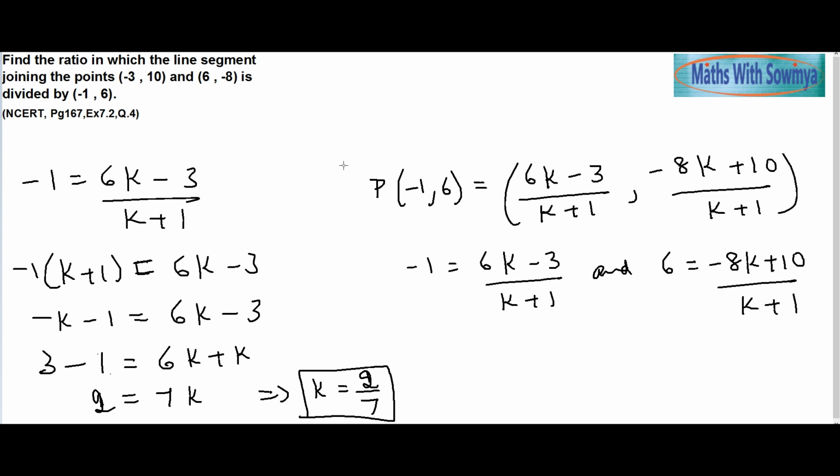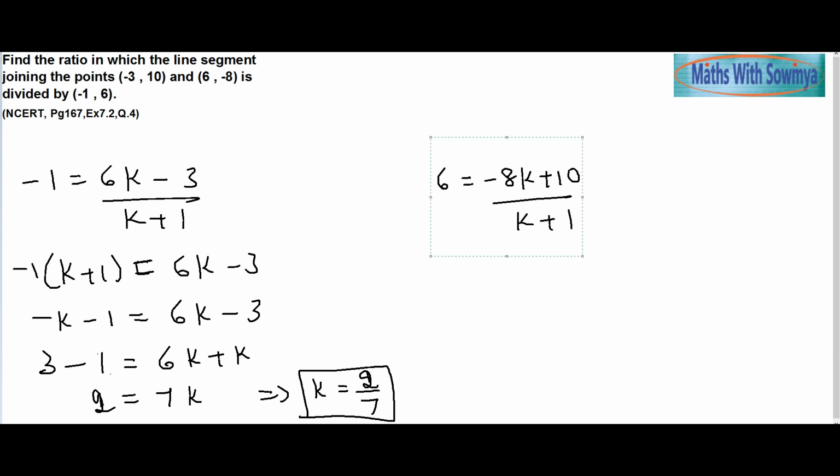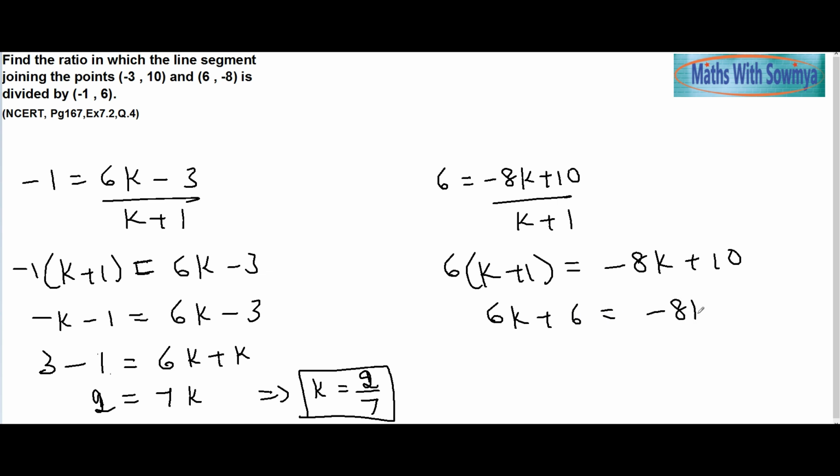Now let us check with the other one what we will get. 6 into K plus 1 is minus 8K plus 10, 6K plus 6 minus 8K plus 10. 8K plus 6K, this is 10 minus 6.